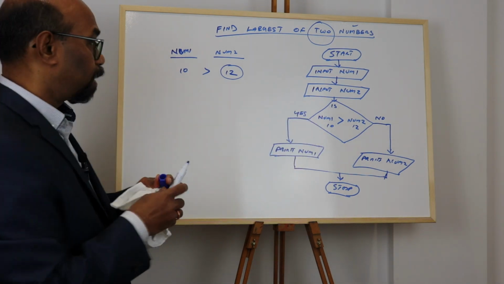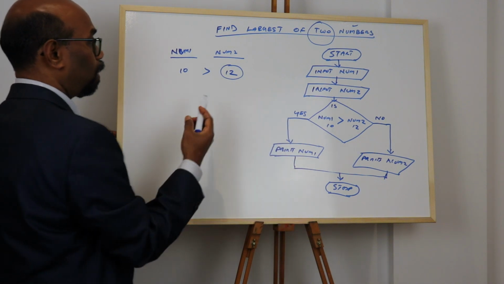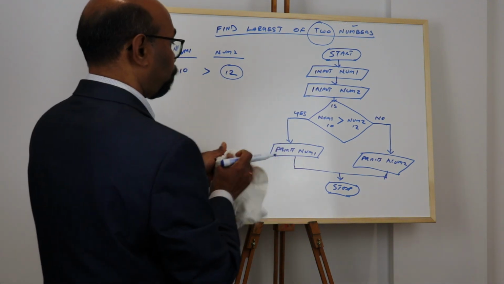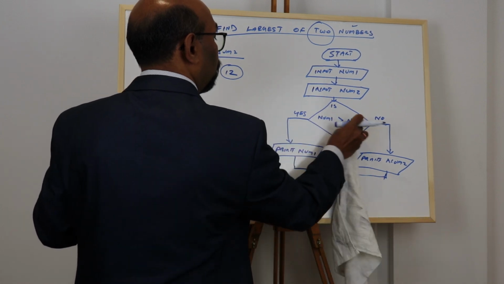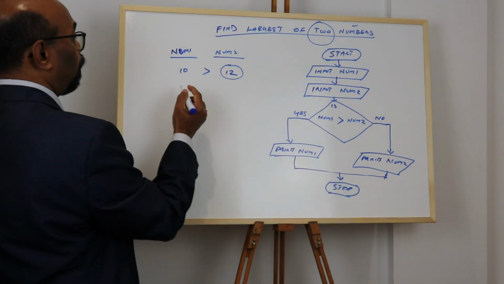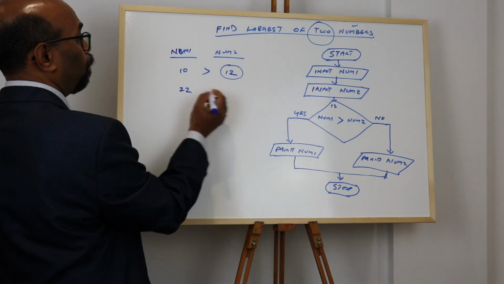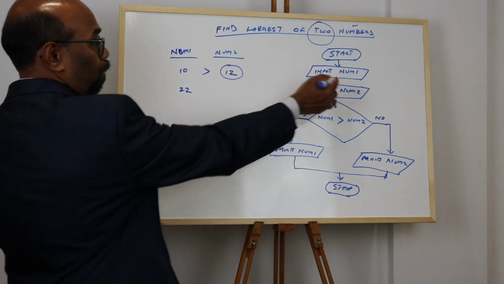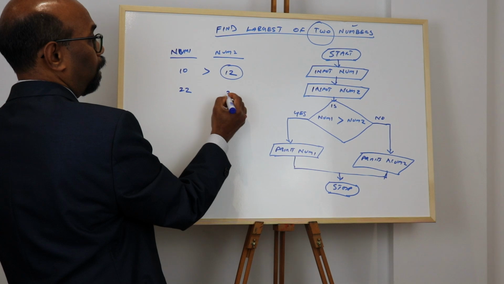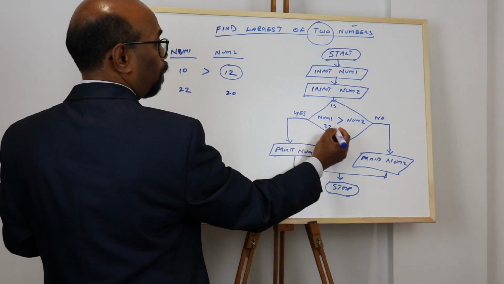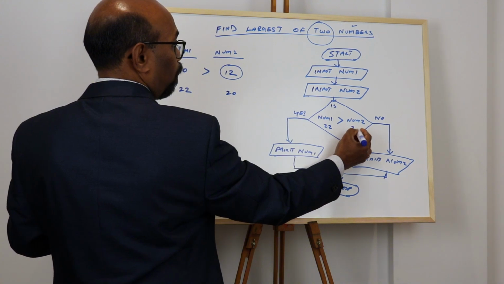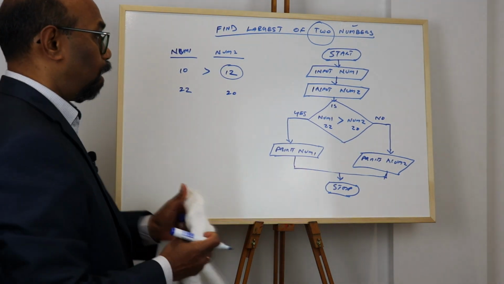Let's do one more test to exercise the yes part. This time, let's say number 1 is 22 and number 2 is 20. Now apply: is 22 greater than 20, yes or no?